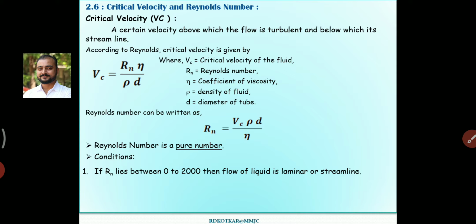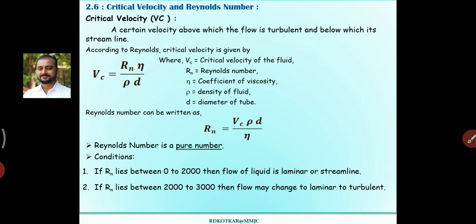If the Reynolds number is 2000 to 3000, the flow may change from laminar to turbulent. And if Reynolds number is greater than 3000, then the flow of liquid is turbulent.